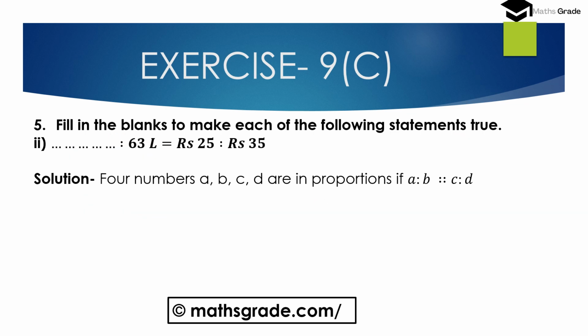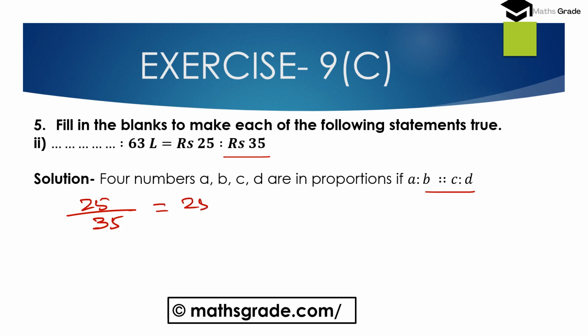Now second bit, dash is to 63 liter is equal to 25 rupees is to 35 rupees. If four numbers A, B, C, D are in proportion, then we can write A is to B is proportional to C is to D. So here 25 rupees is to 35 rupees. 25 rupees divided by 35 rupees, between 25 and 35, 5 is the common ratio.